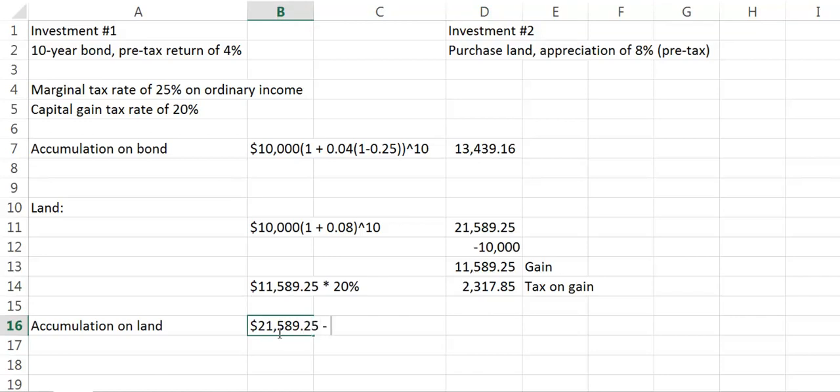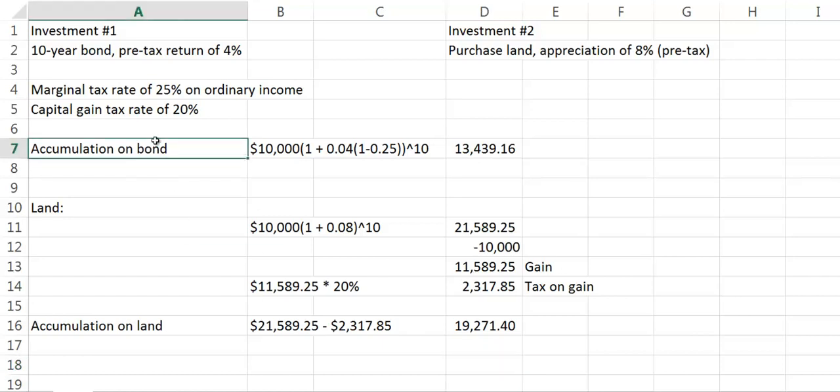And we had to pay tax of $2,317.85. So the accumulation that I have on the land after the sale is going to be the amount that I received minus the tax that I paid. And so I'm going to have $19,271.40. So my after-tax amount on the bond after 10 years is $13,439.